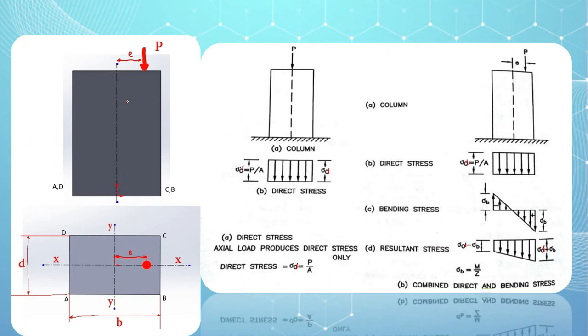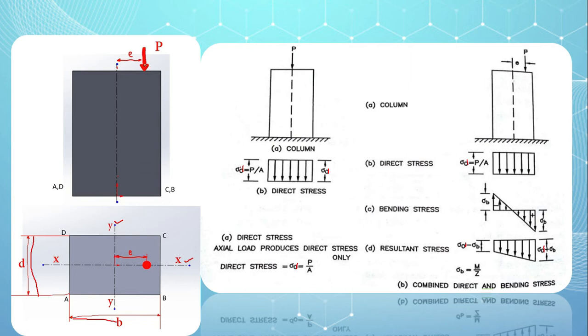In this slide I have drawn one column and force P is applied at a distance of small e from the axis of the column, and this is a top view of this column, and this is the width B, and this is the depth D, and these two are axes, xx and yy, passing through the axis of this column.